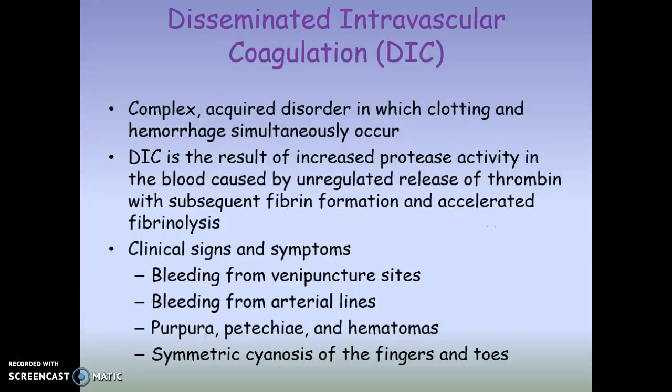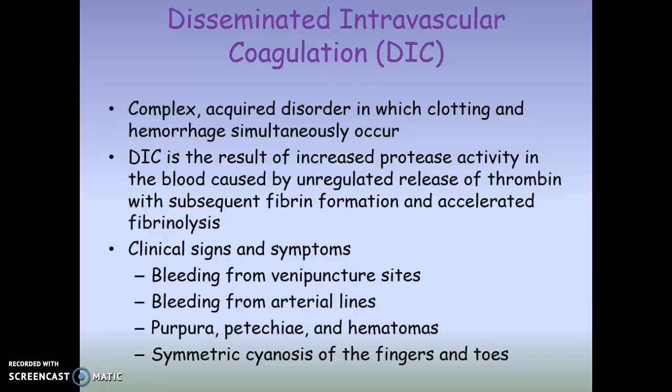All right, and the last one is this disseminated intravascular coagulation. This is a very complex and acquired disorder in which clotting and hemorrhaging simultaneously occur. And there's a fair amount of information in the notes section that you can read through. DIC is the result of increased protease activity in the blood caused by unregulated release of thrombin with subsequent fibrin formation and accelerated fibrinolysis.